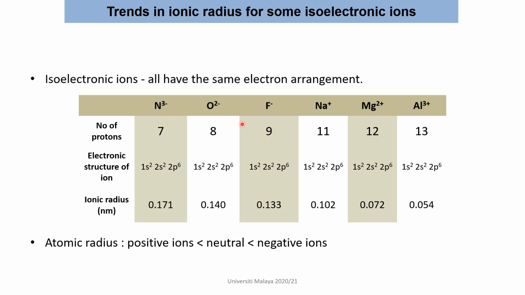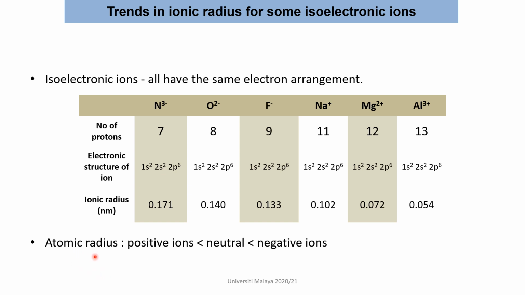These are all examples of isoelectronic ions. Again, they all have the same electronic configuration, but the ionic radius differs greatly, decreasing with the increased proton number.